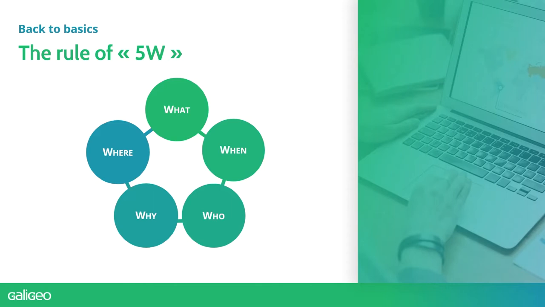When going more in depth into the capacity companies have to answer these questions in an efficient fashion within the decision-making processes, we realize that the where is very often poorly handled during these processes or even completely missing. To take a concrete example, let's say you are about to open a store.